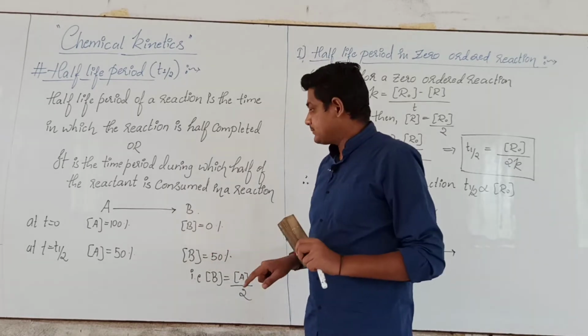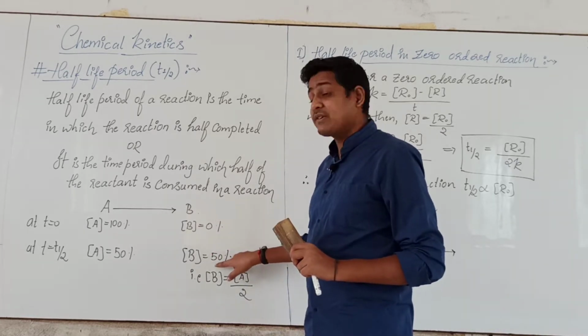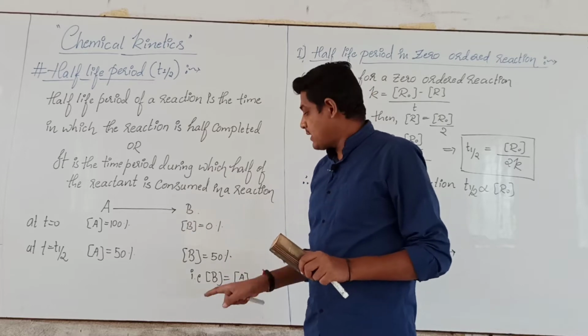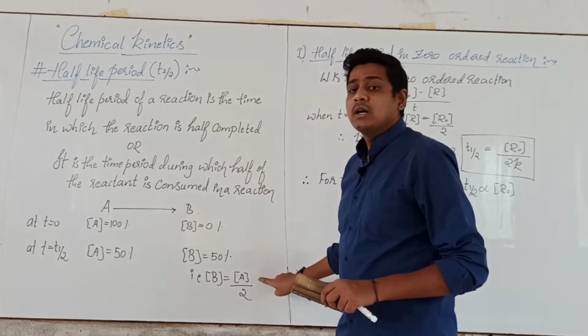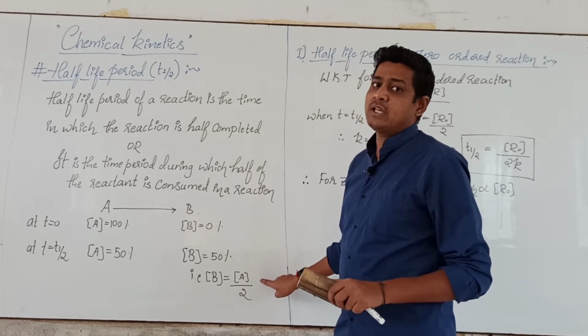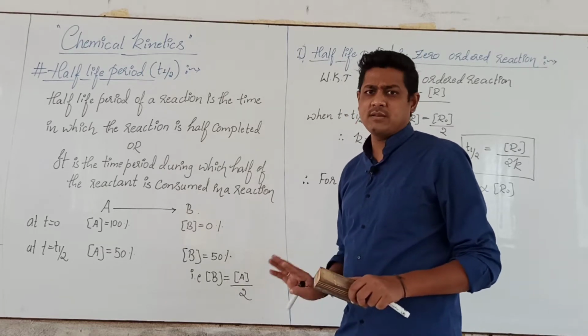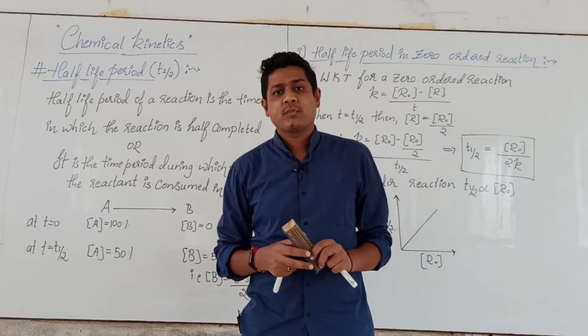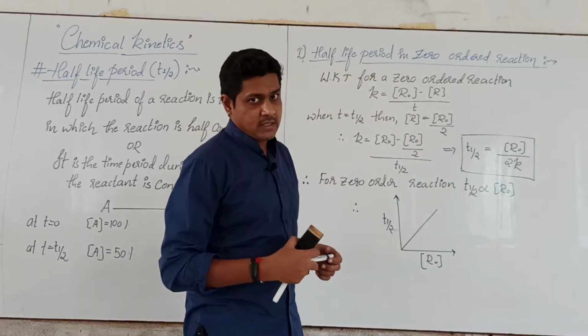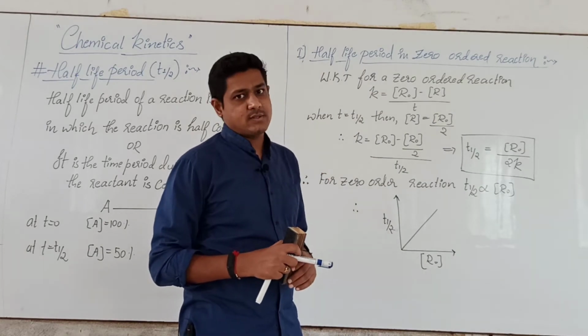In other words, the concentration of B is equal to half of the concentration of the reactant. Very simple. Now this half-life period we have to apply for different order reactions.